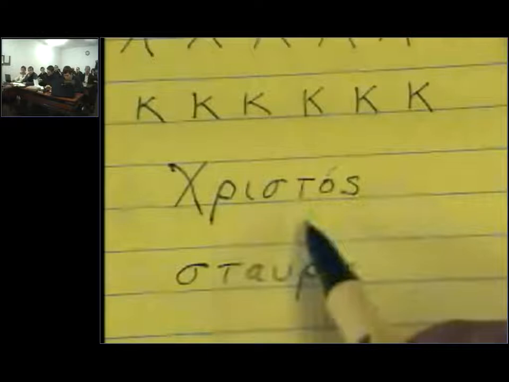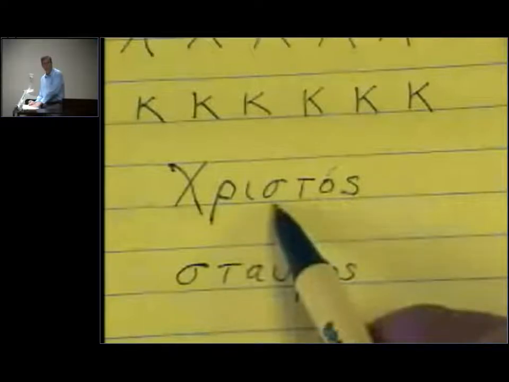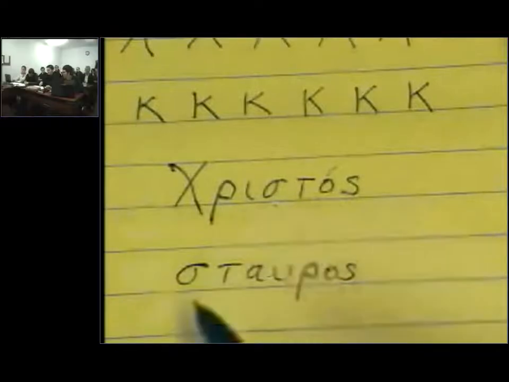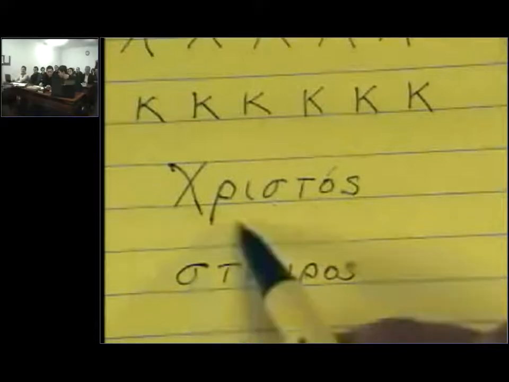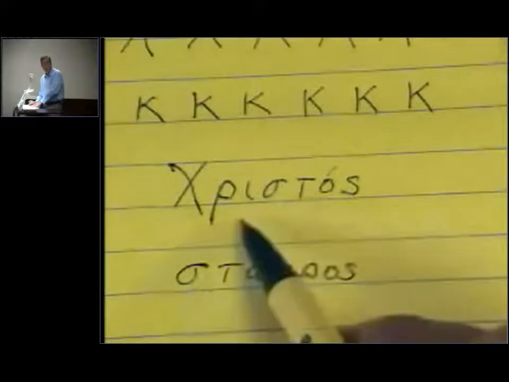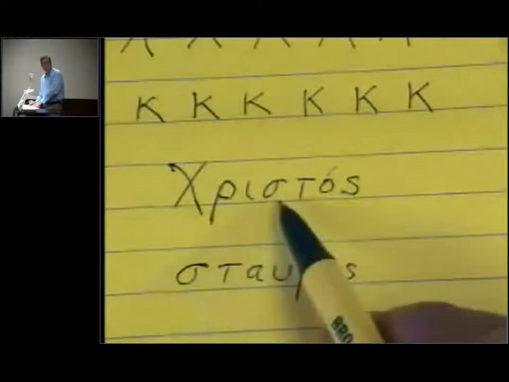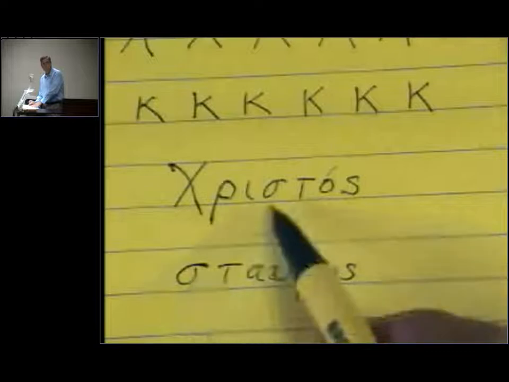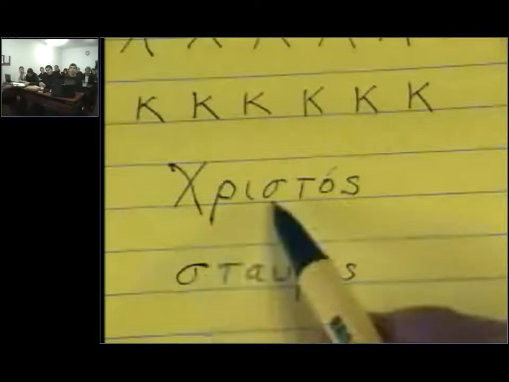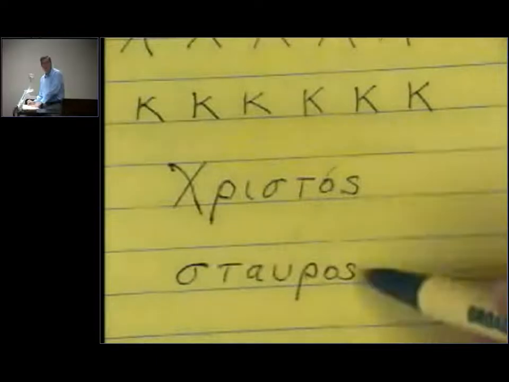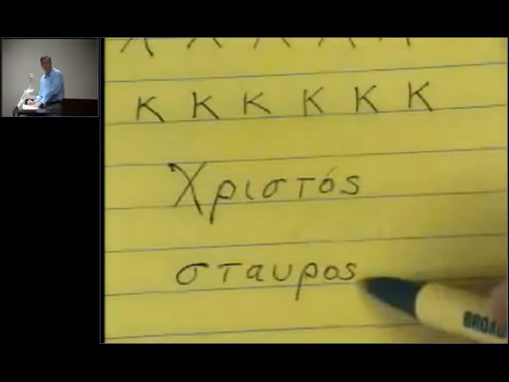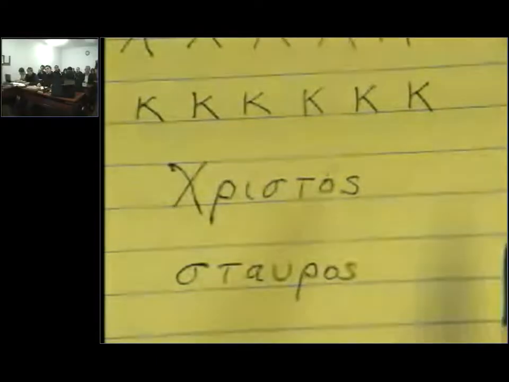Notice the sigma here and a sigma here. Notice that these two are the same because they're at the beginning and the middle of a word. But these two are the same because they are at the end of the word.